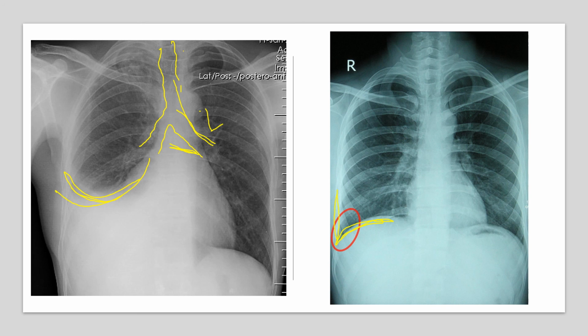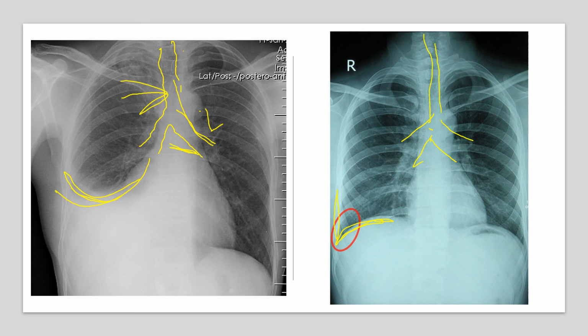As long as the patient's not rotated on the image, if their trachea and the main stem is being pushed one way, or pulled one way, then that's a sign of how significant their disease is. So we'll go over that more in disease class, but that's why I always try to identify your carina and main stem and trachea in these. And you guys will start to realize it more and more.